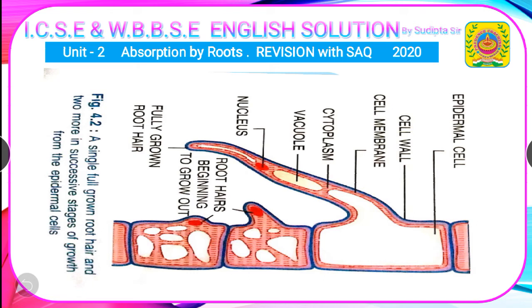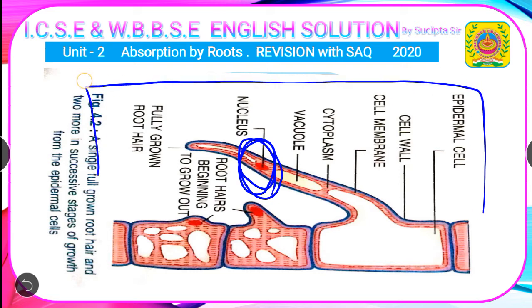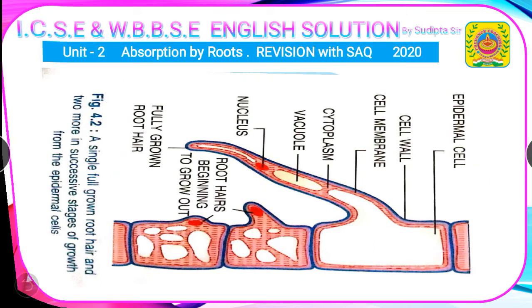Especially in plants, the size of the vacuole is larger than in the human or animal cell. And the most important part of a cell is the nucleus, which is red in color, as mentioned here. So that's all about this full grown root hair. You need to know about all these points because in the exam this is very important for you.